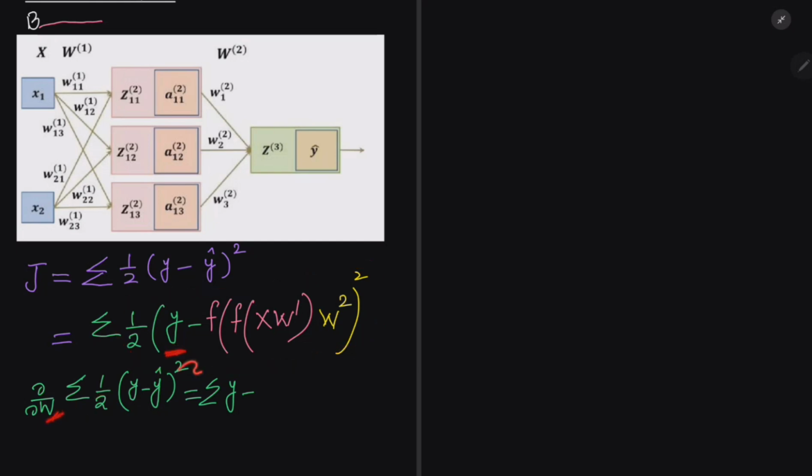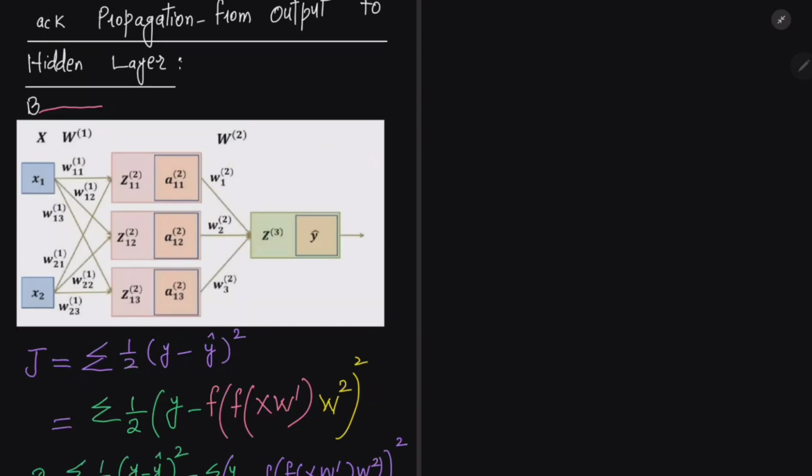Our concern is with w, and w is over here. y minus f(x w1 w2) square, whole square, and apply the chain rule, partial by partial w, y minus y hat. This is the derivative of J with respect to w.